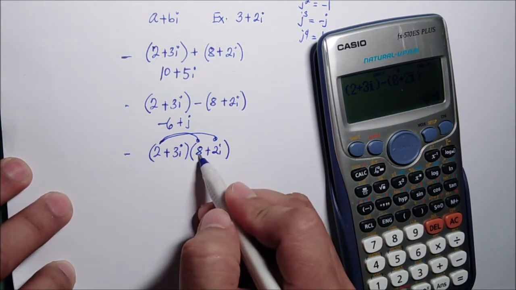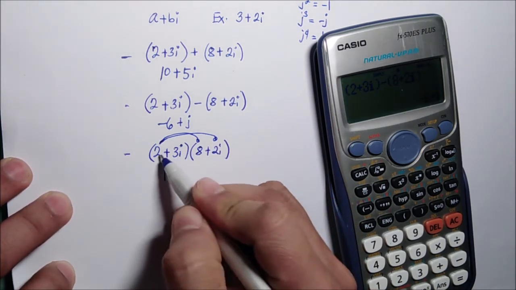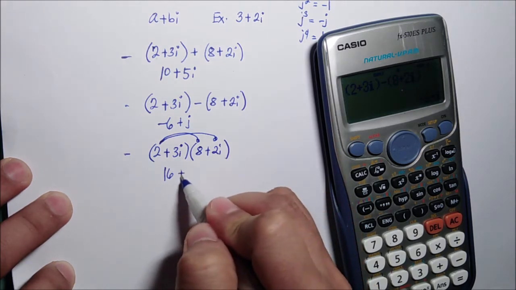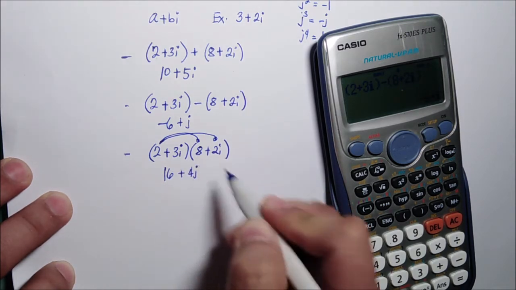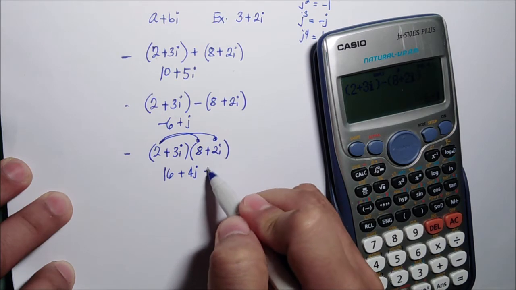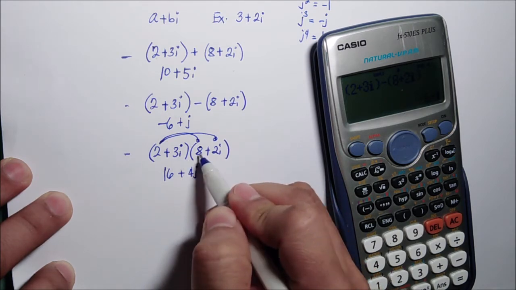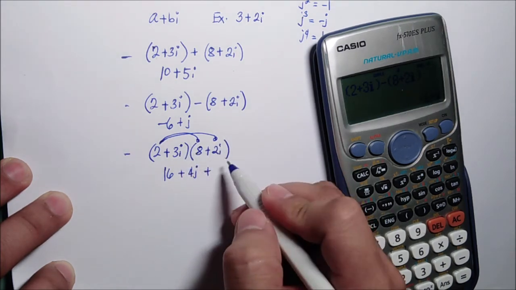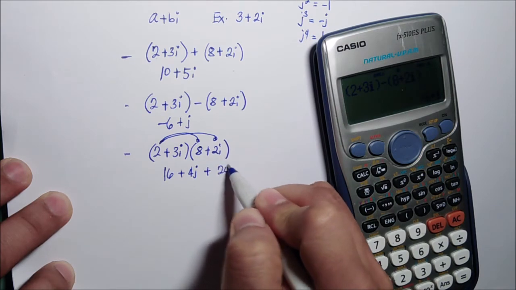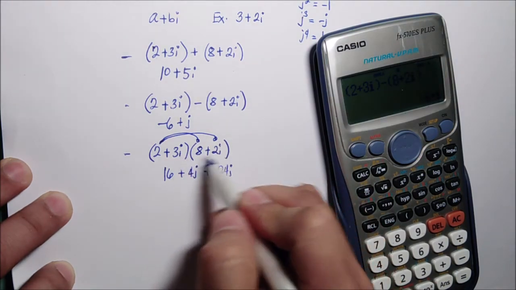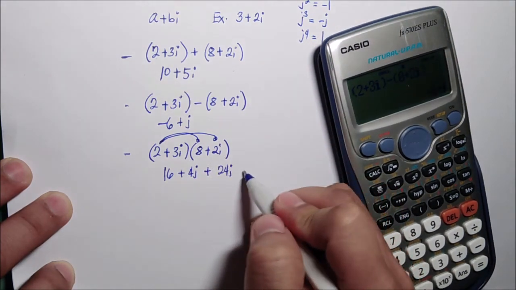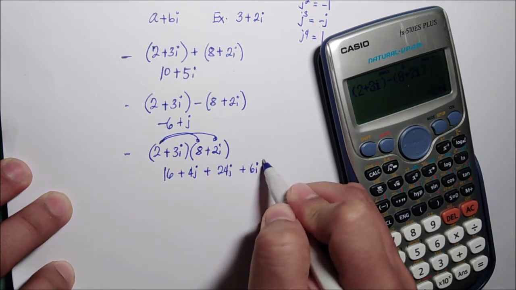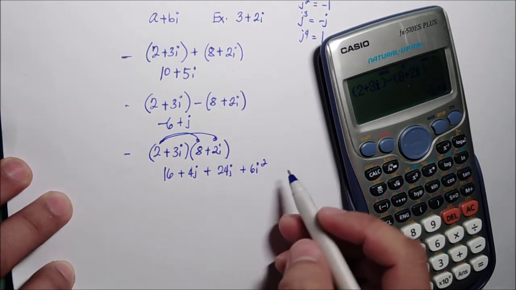So 2 times 8 is 16, 2 times 2i is plus 4i, plus 3i times 8 is 24i, and then 3i times 2i is 6i squared.